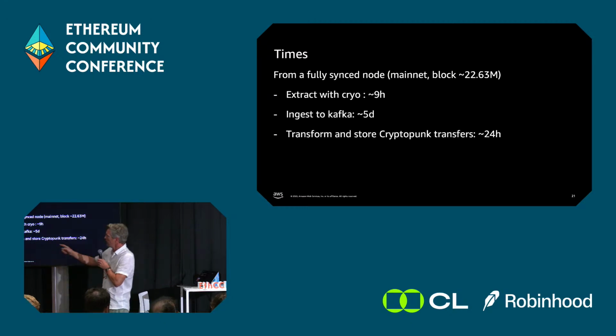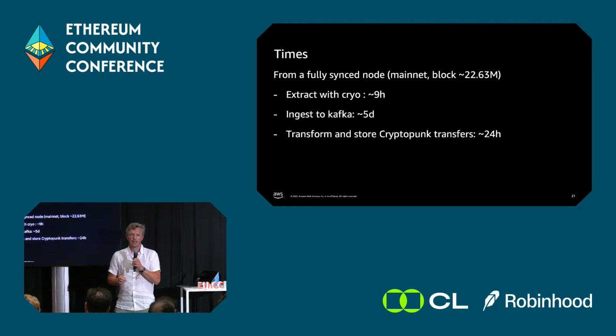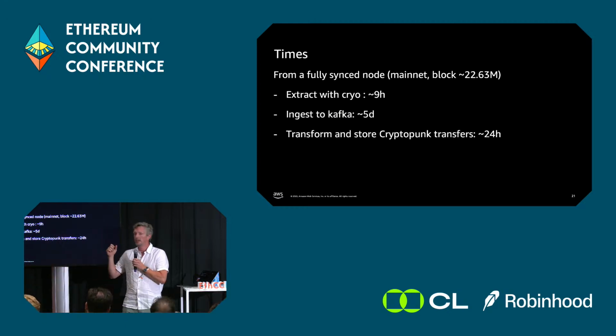Then ingestion into Kafka from that takes about 5 days in its current implementation. But what I've done here is really sequentially ingested it into Kafka. On purpose, I haven't done any kind of multiple partitions, which you could potentially do and parallelize it much more. I haven't done that here. It's really sequential ingestion into Kafka.